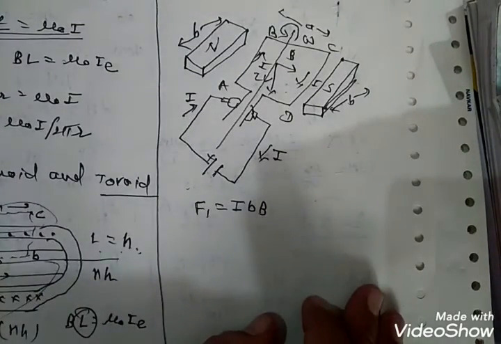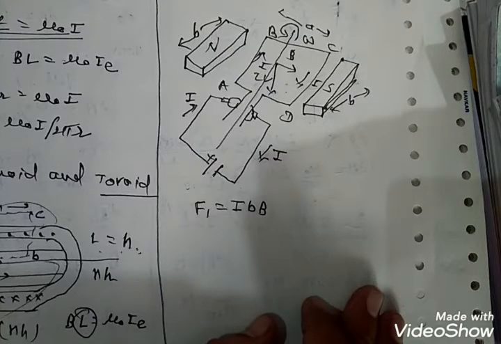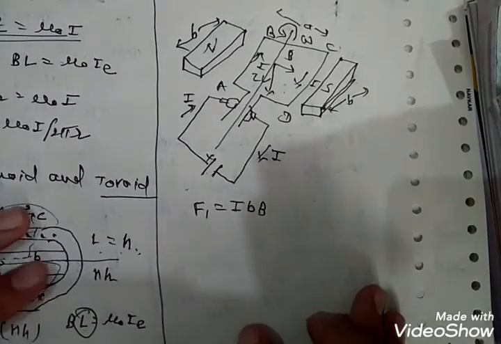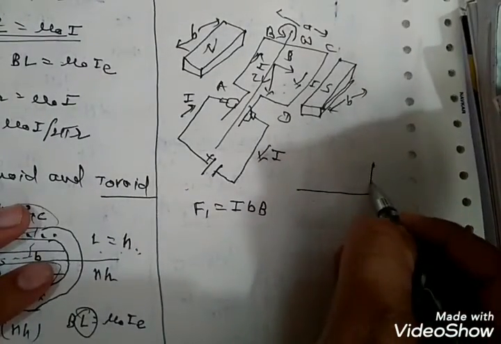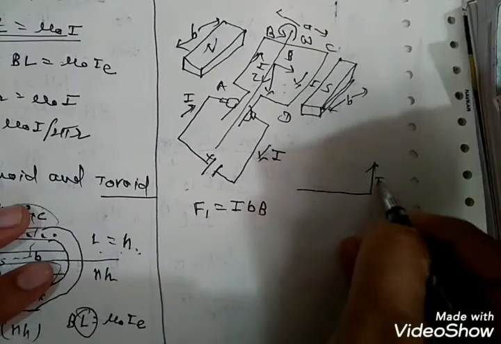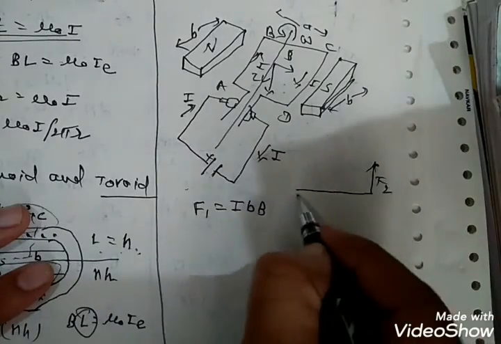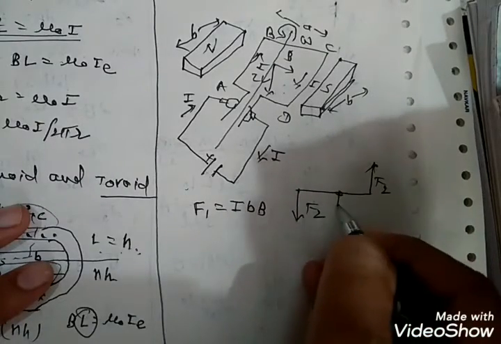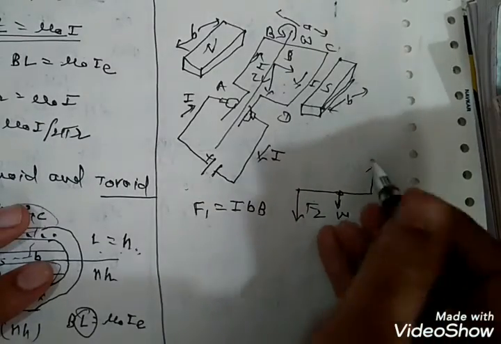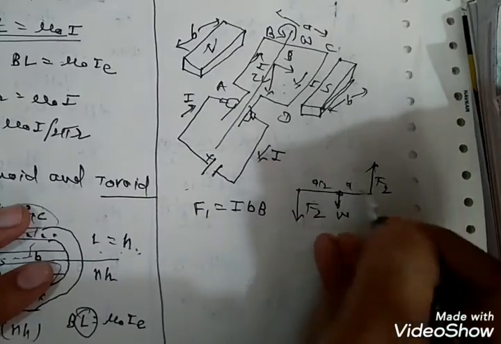Now similarly for the force F2, direction of force in a uniform magnetic field: this is the direction of F1 and the direction of F2, at midpoint A by 2.